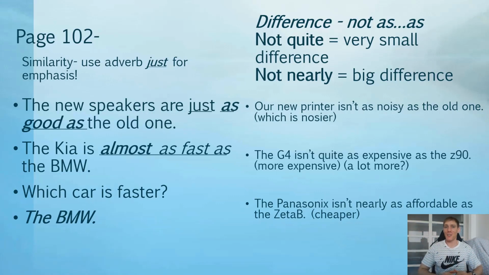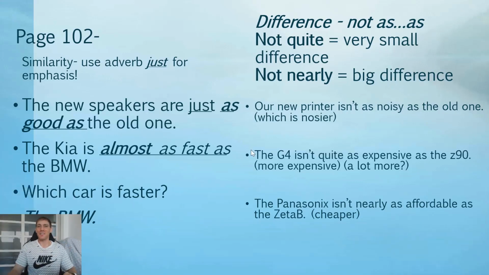So when you remember this grammar, we can look at the examples that they gave in the book. The first one, our new printer isn't as noisy as the old one. So this one is just saying they're not the same. Which is noisier? The old one. So remember, new printer is good, old one is bad. In this case, we're looking at noisy.